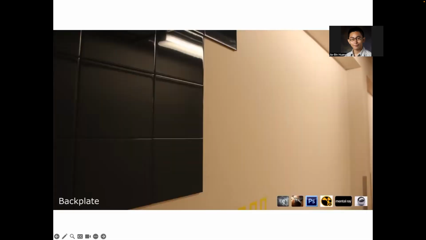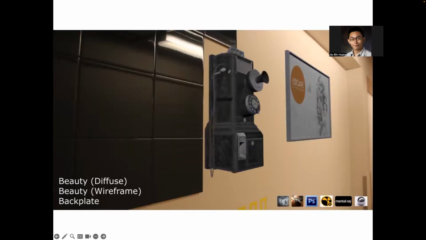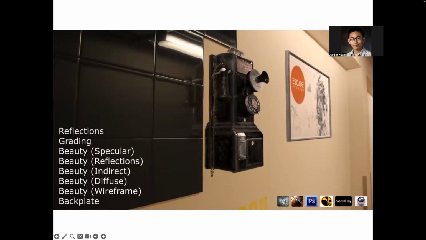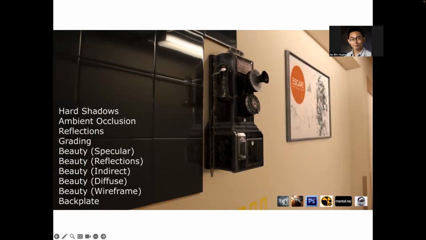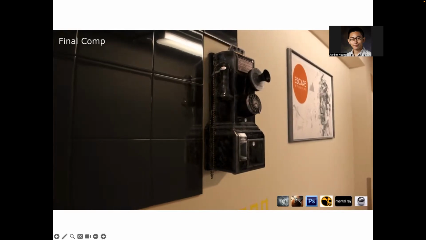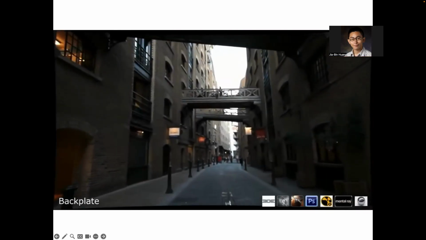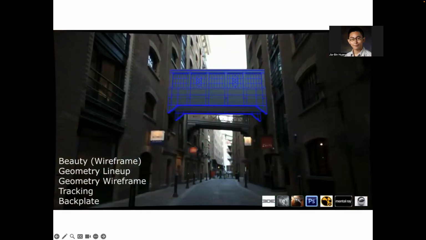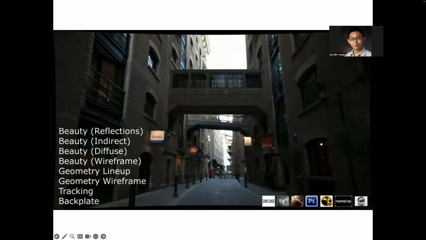All right, so see the breakdown. All these are virtual things. You can add reflections, speculars, make sure the color looks great, add shadows and so on. But these are all just single frames, right? So the question is, how do you make these things look real in the video?